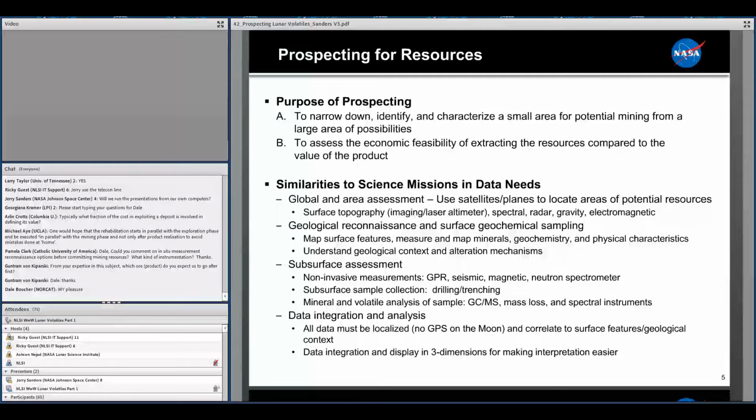And what's really important for both science and prospecting is to understand the geological context and the potential alteration mechanisms associated with the resources or ore body that we're going after. You have to obtain subsurface assessments, both with non-invasive measurements as well as invasive drilling and trenching. And to a certain extent, you have to start to integrate all of that data for analysis.